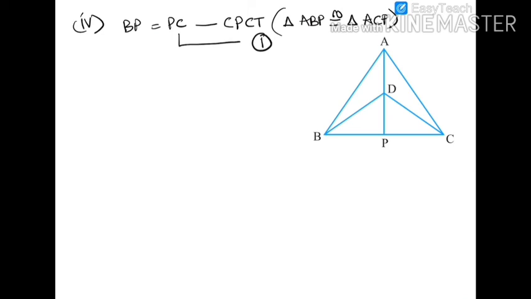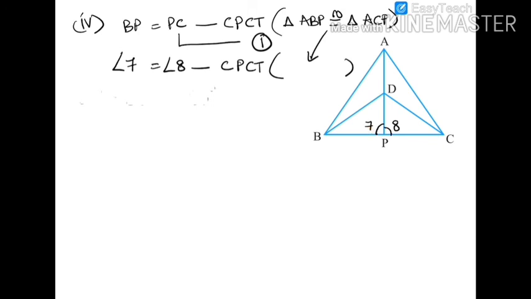We can also say that angle APB is equal to angle APC because they are also corresponding angles of these triangles. Let's number these angles as 7 and 8. So angle 7 equal to angle 8 because they are corresponding parts of congruent triangles, the same triangles that we have written above.